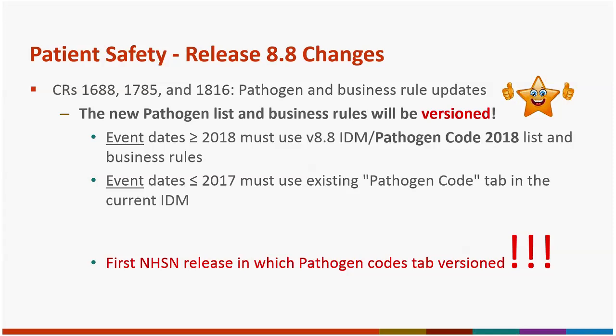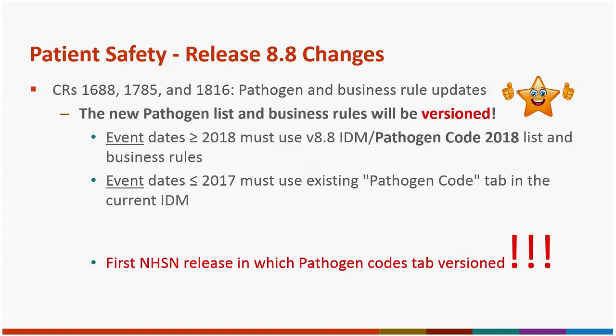So to recap, event dates greater than or equal to 2018 must use the 8.8 IDM pathogen code, and it says pathogen code 2018 list and the business rules. Any event dates less than 2018 must use the existing pathogen code tab in the current IDM.